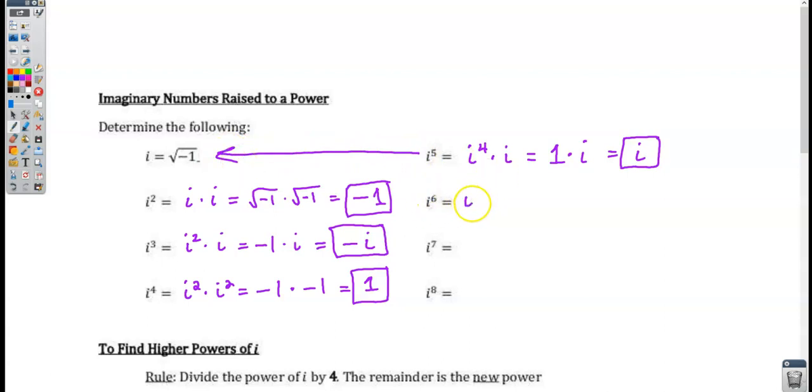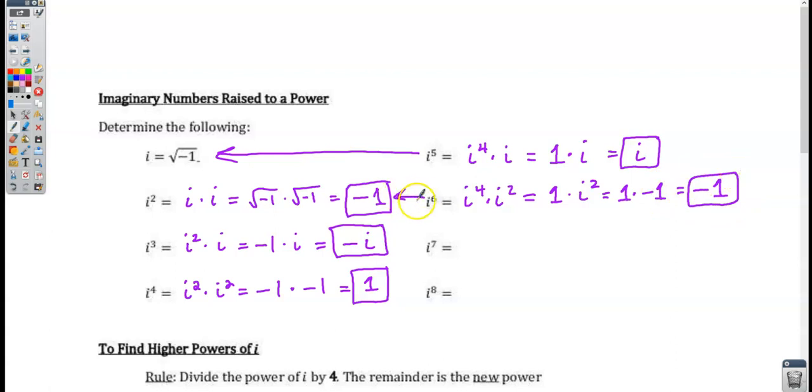i to the sixth. i to the sixth is i to the fourth times i squared. i to the fourth is 1, so 1 times i squared, and i squared is equal to -1. So this is just equal to -1.